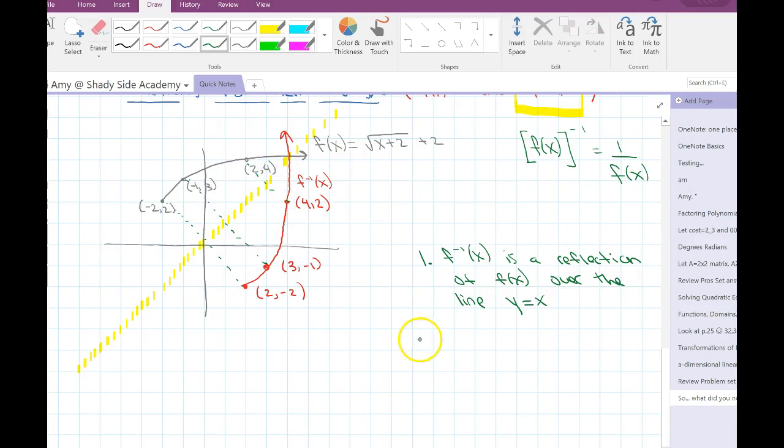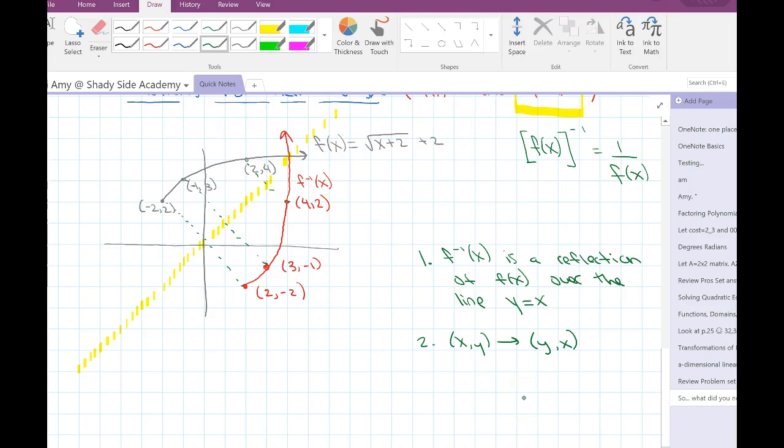And there is the second little feature. xy becomes yx, right? So the x coordinate of f becomes the y coordinate of the inverse of f, and the y coordinate of f becomes the x coordinate of the inverse of f. That's what this notation means, okay? xy becomes yx, all right?